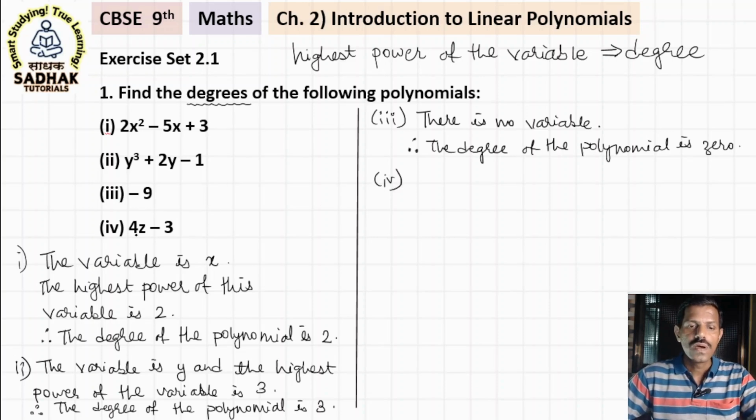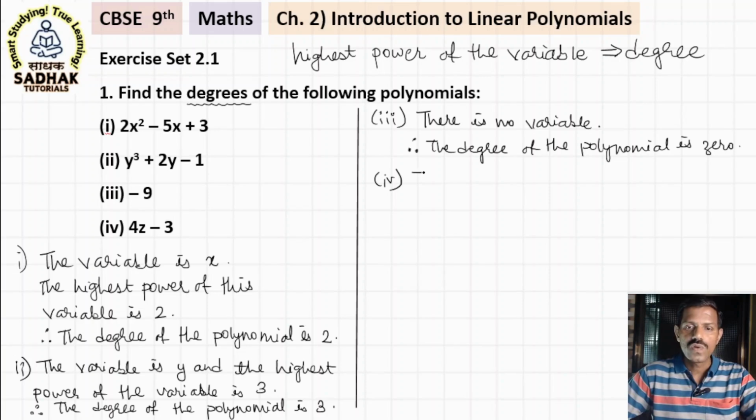In number 4, 4z minus 3. In this polynomial there are 2 terms. 4z is the first term, where z is the variable and the power of z is 1, and minus 3 is the other term, which we can write as minus 3z raised to 0. So here the highest power is 1, which is the degree.